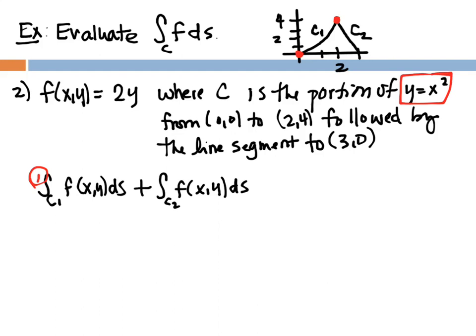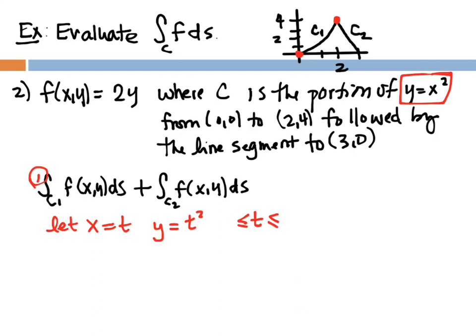And that's fine. But it's actually quite easy to do this parametrically if we simply let x equal to t. So we're going to let x equal to t. And if we did that, what would y equal? T squared. What would be my limits on the parameter t?